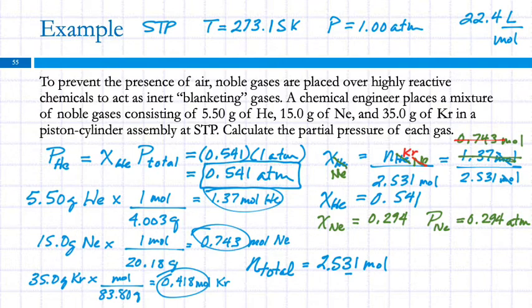And that's 0.418. And so for krypton, we end up with 0.418 divided by 2.531, 0.165, times 1, 0.165 atmospheres.